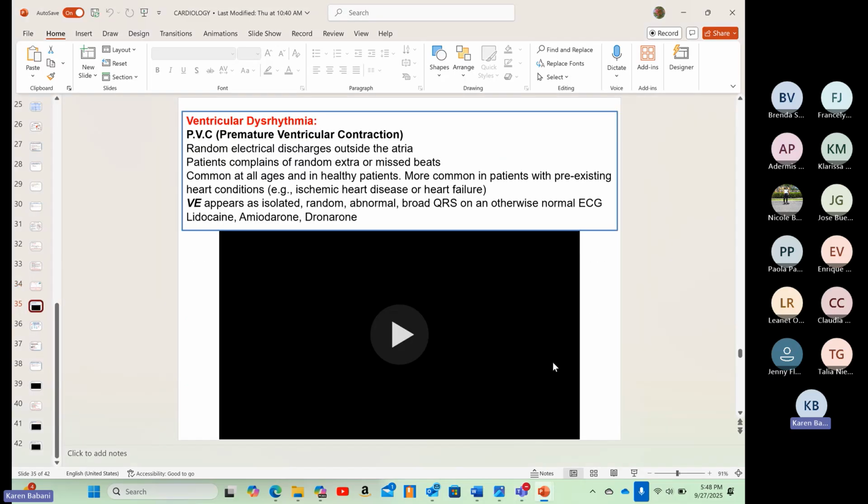All right, this is a ventricular dysrhythmia that is very common. I also have talked about this in the past. It's a premature ventricular contraction. This can happen for a variety of reasons. Sometimes if you're dehydrated, if you drink too much coffee, or too much Red Bull or those energy drinks, you can have premature ventricular contractions.